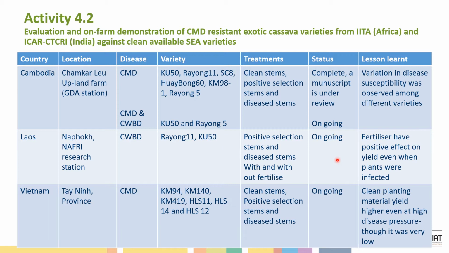We didn't see any difference there. For Vietnam, we did a CMD experiment with different varieties, and there was high disease pressure. Even with high disease pressure, clean planting material gave higher yield compared to other planting materials. You will hear in detail from the respective country presentations.